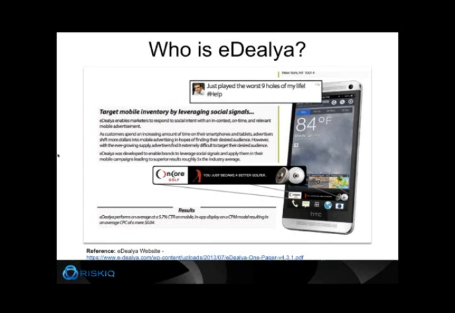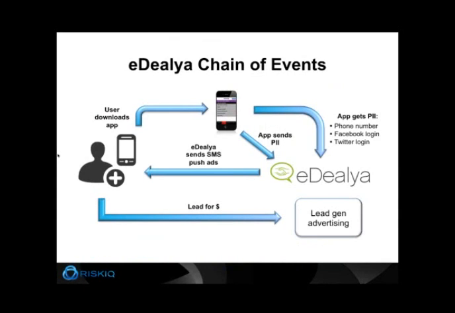And the chain of events here was, and it's a little confusing, so bear with me. When the user downloads the rogue Aetna application, the eDelia SDK was taking personally identifiable information from the user, specifically here on the right, the phone number, their Facebook login handle, and their Twitter login handle, and they're sending that information to the eDelia ad network.